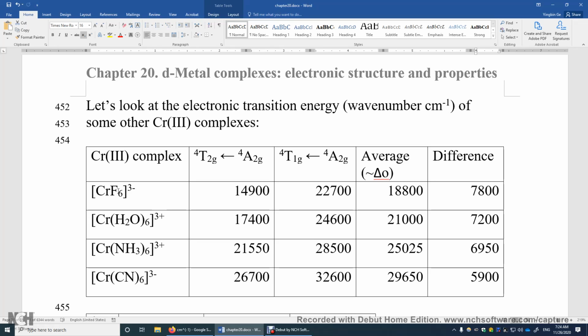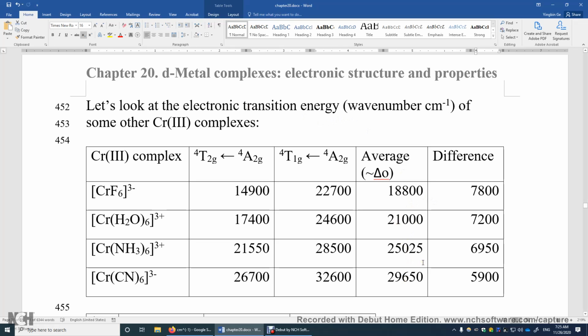And then fluorine has 3 other lone pairs that potentially can be donated to an empty d orbital centered on chromium. So actually fluorido has a stronger ability than water in donating its lone pair electrons to an empty d orbital. So fluorido is an even weaker field ligand. And that's why we see the trend here: 19K, 21K, 25K, 30K.